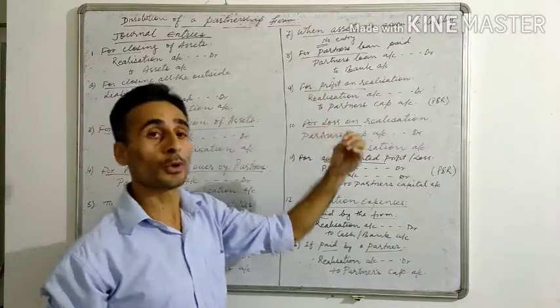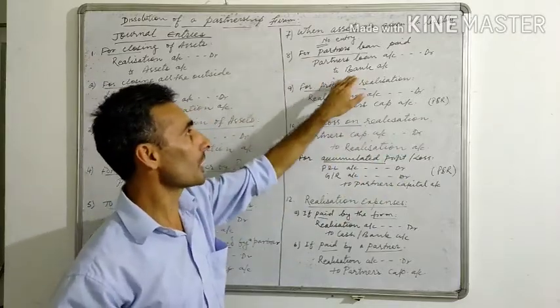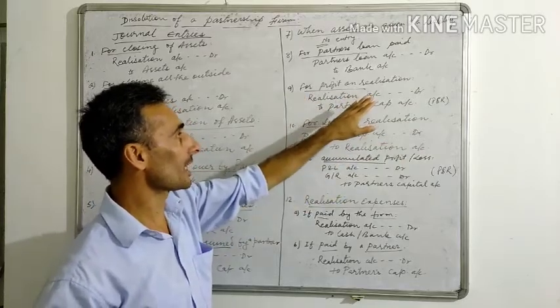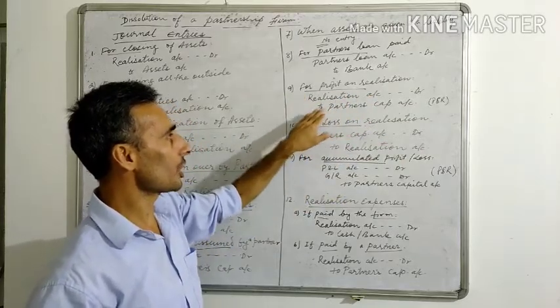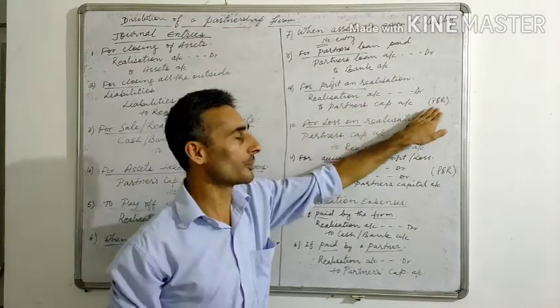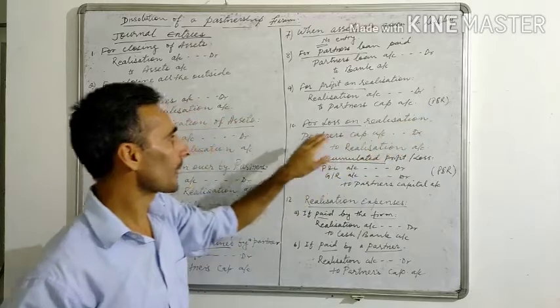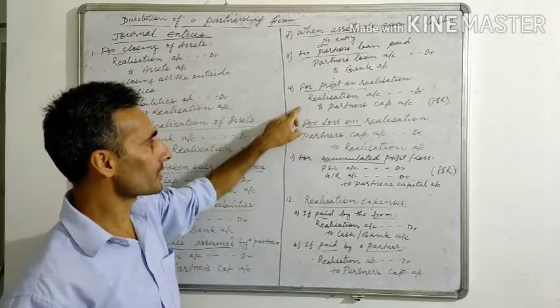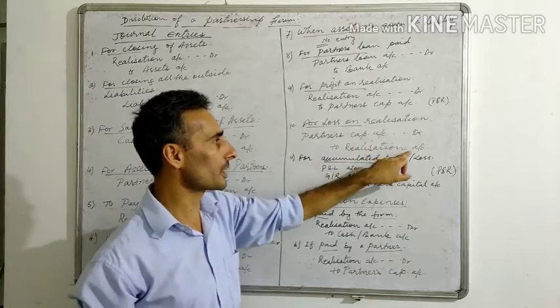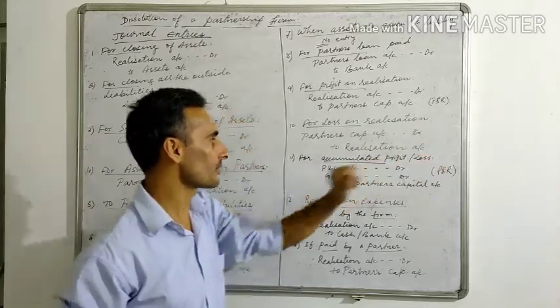For partners loan paid, partners loan account debit to bank account. For profit on realization, realization account debit to partners capital account, and this profit should be distributed in profit sharing ratio. If there is a loss, we will reverse the entry. So you have the entry partners capital account debit to realization account, again in profit sharing ratio.